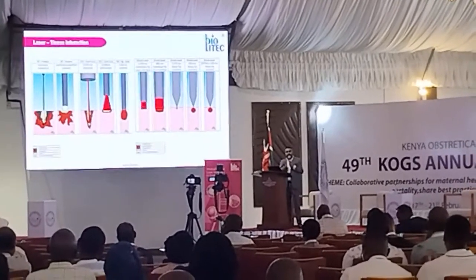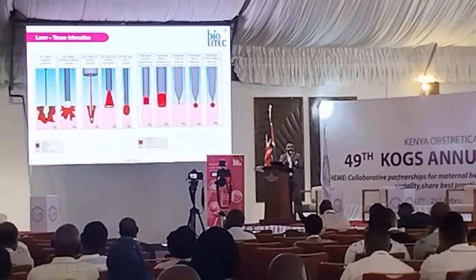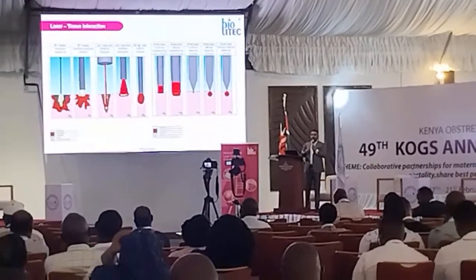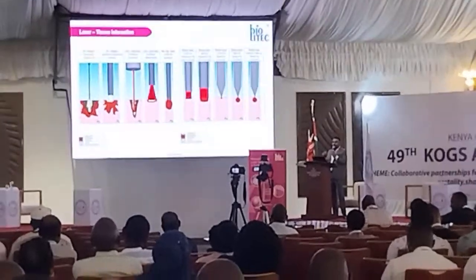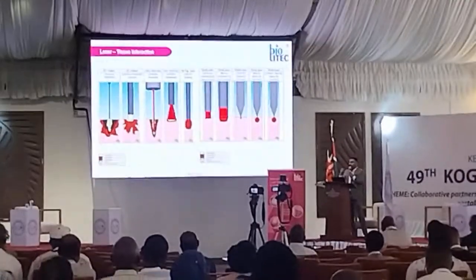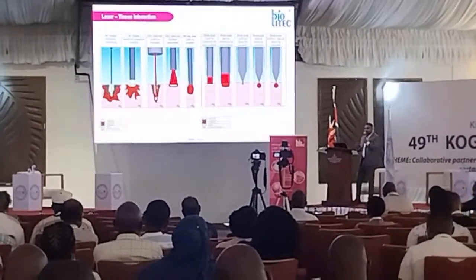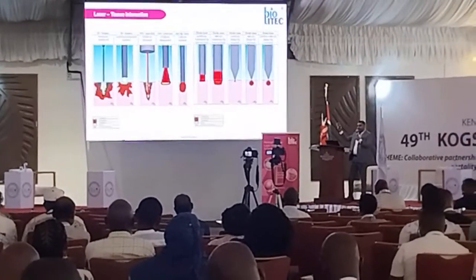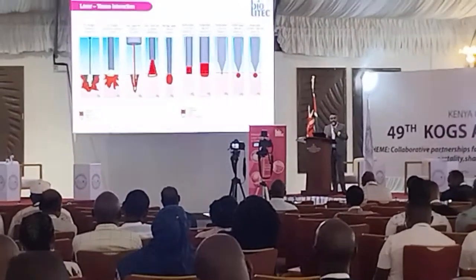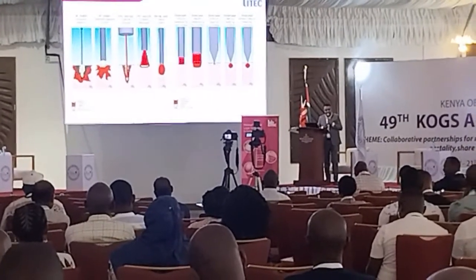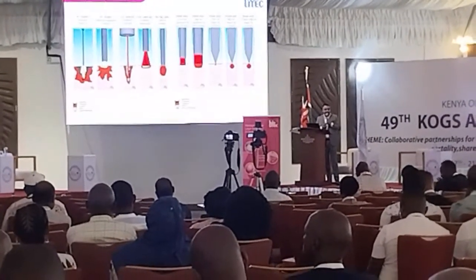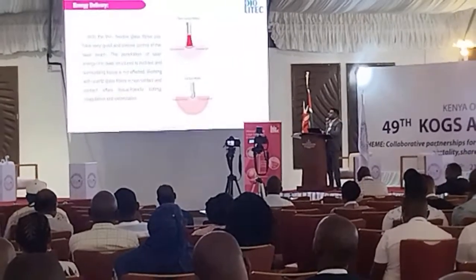Second, not only the laser benefit which you are getting, you get it in the fiber. We have different types of fibers. When it comes to the conical tip fiber, or especially the cylindrical tip, you can see the penetration depth. For 980 nanometer, the penetration depth is approximately 4 to 5 mm. For 1470, approximately 2 mm.